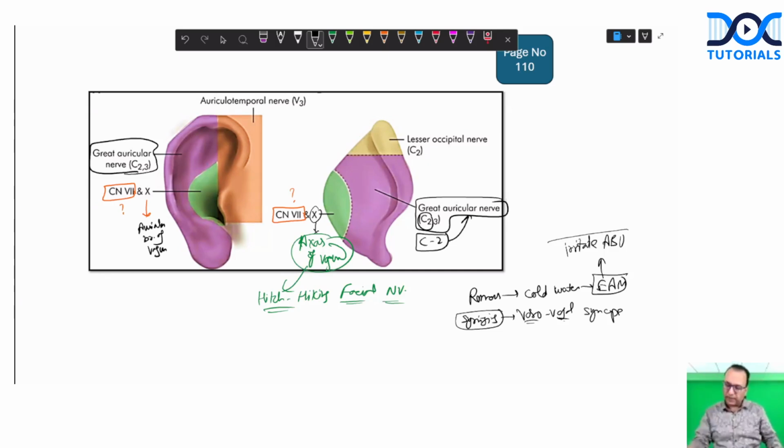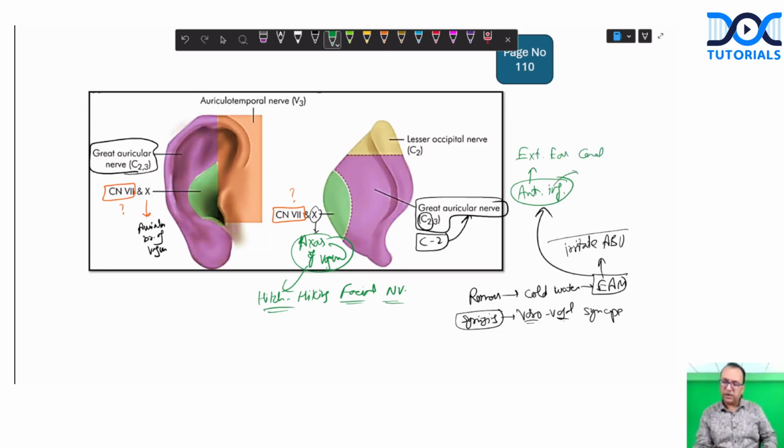So are you trying to say that it also supplies the external auditory meatus? Yes. Not only the beginning of this, it also supplies the canal. Which part of the canal? Anterior and inferior, that is, the anterior wall and floor of the canal. So the vagus nerve supplies the anterior-inferior part of the external ear canal.